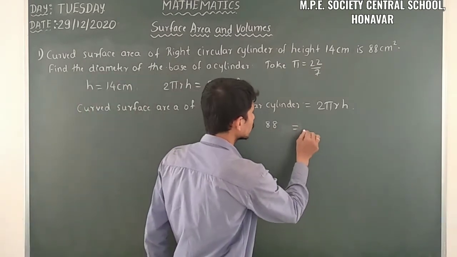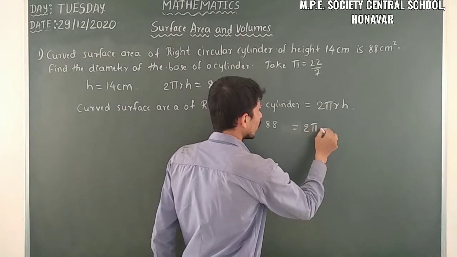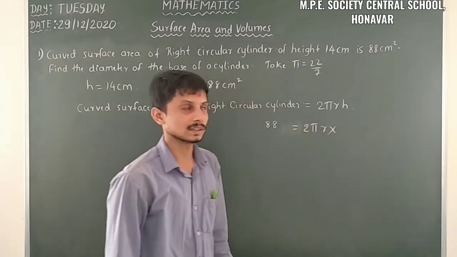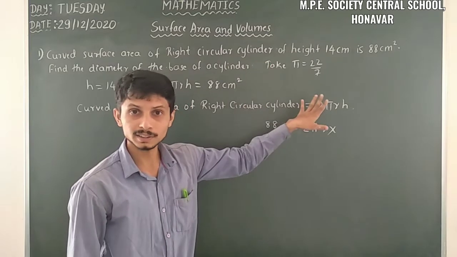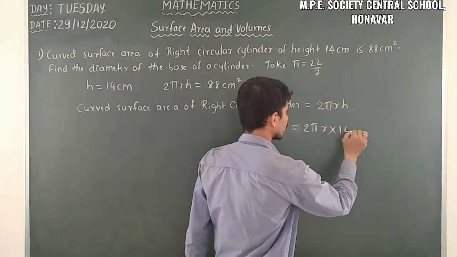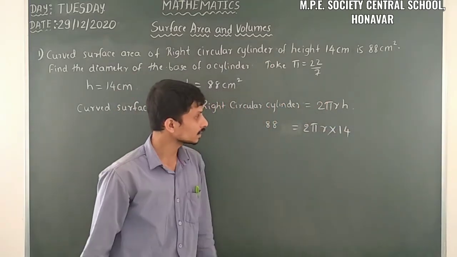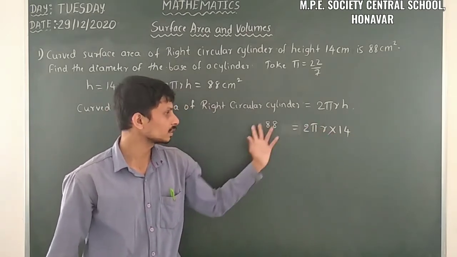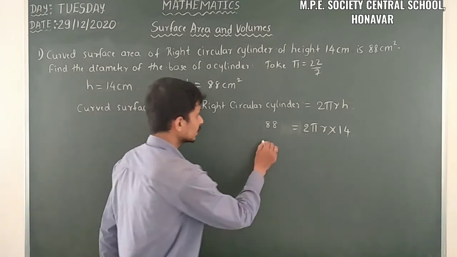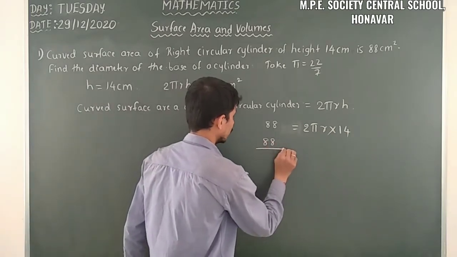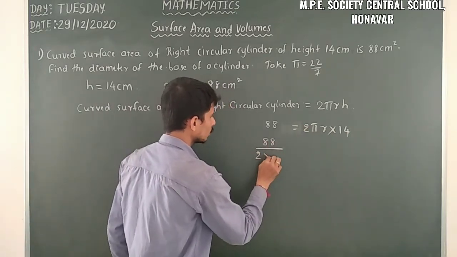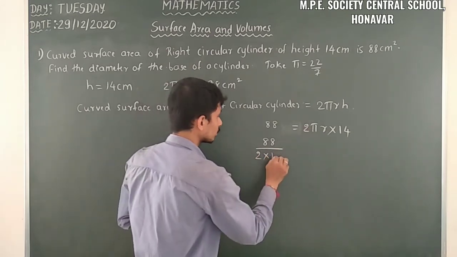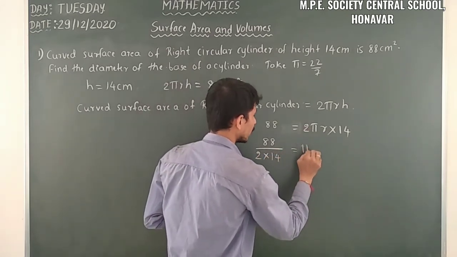So 88 is equal to 2 pi r into the value of h, which is 14 centimeter. It's also in centimeter, no problem. So it's 14. Just transpose all the things, leaving pi r here. That is 88 divided by 2, and 14 also comes here, is equal to pi r.